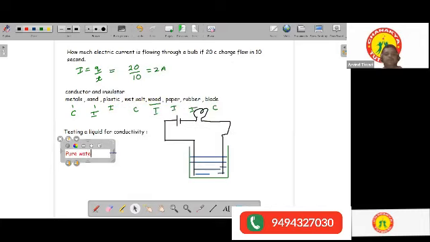However, impure water is a conductor. Impure water is a conductor of electricity.